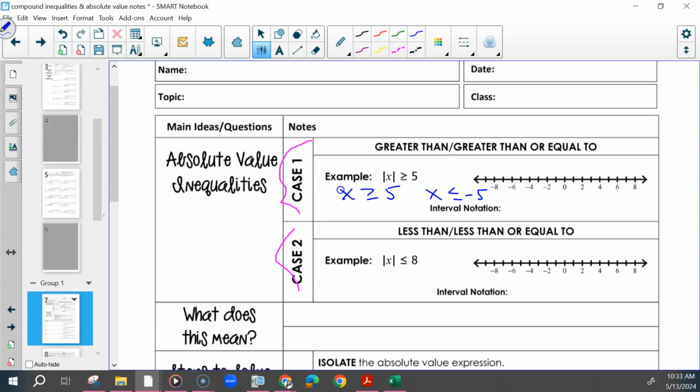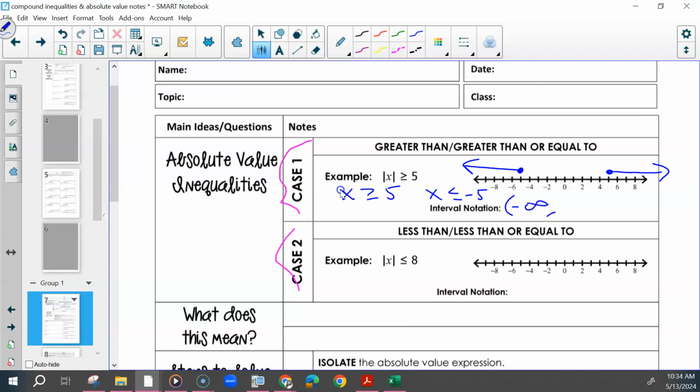But then we're going to graph this. So x is greater than or equal to 5 would be closed at 5 going to the right, and then closed at negative 5 going to the left. So interval notation, if I'm thinking with infinities, this keeps going to the left, so it starts at negative infinity.